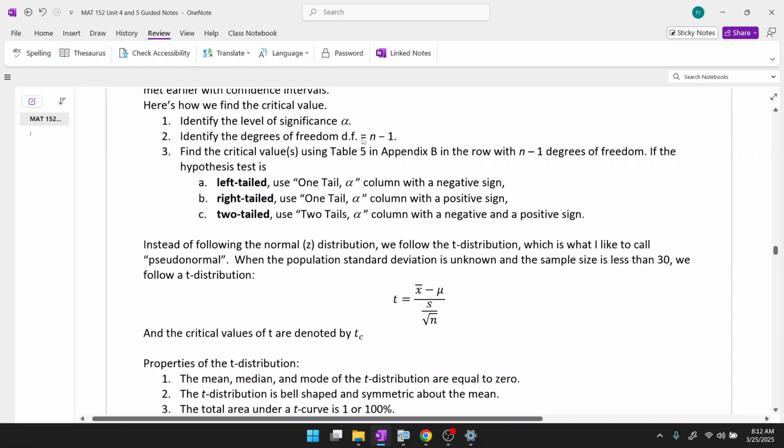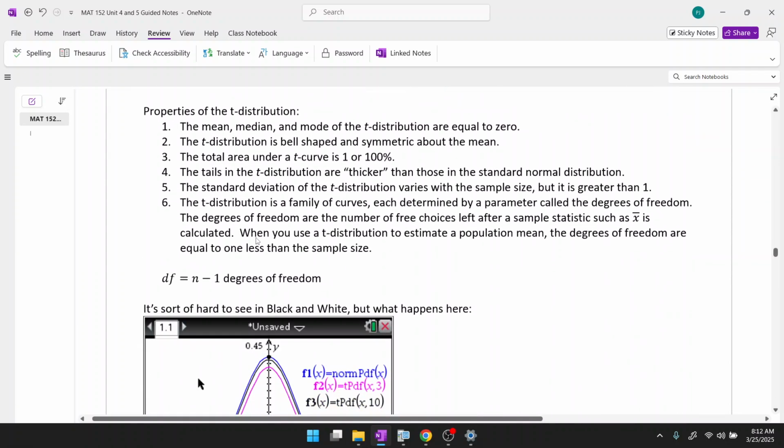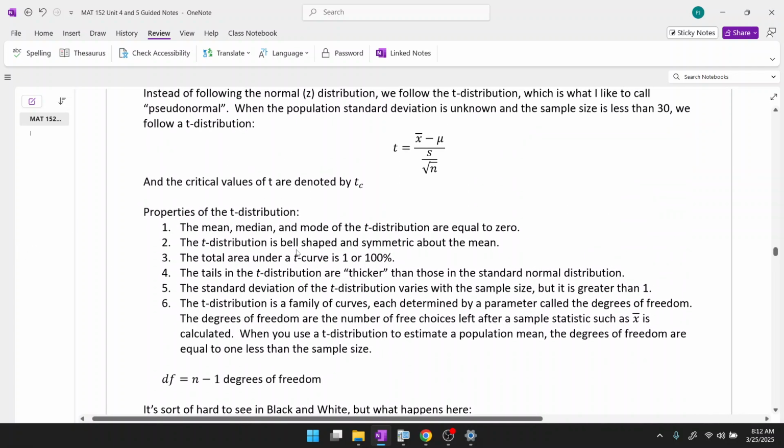You have your degrees of freedom, which is n minus 1. Degrees of freedom are the number of free choices left after a sample statistic is calculated. Basically, it's just whatever the sample size is minus 1. That's all. There's nothing fancy, nothing brutal about that.